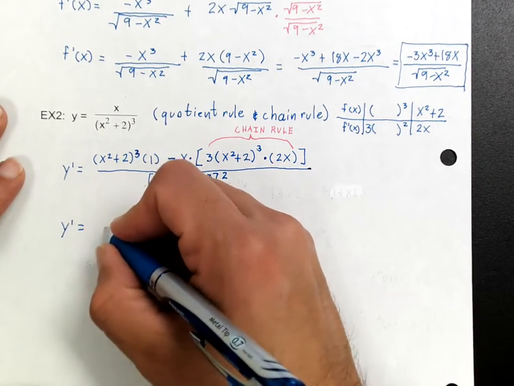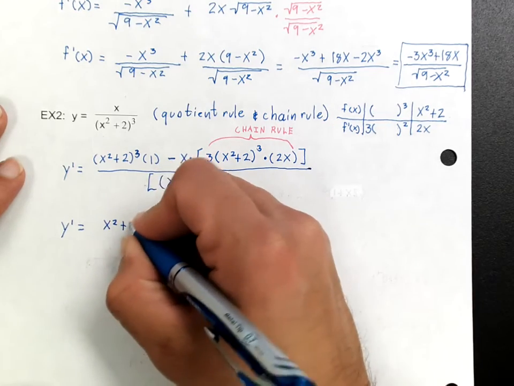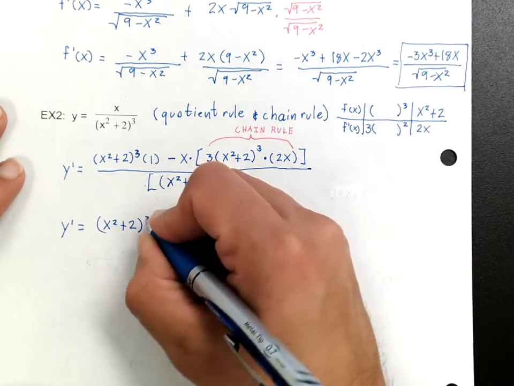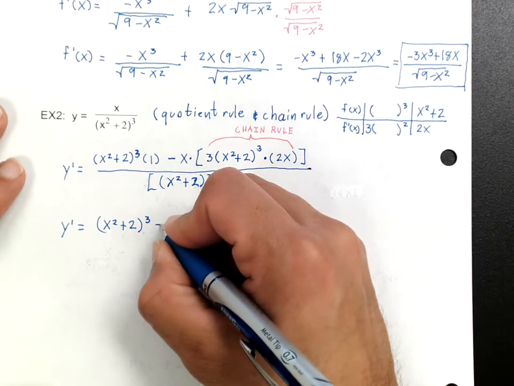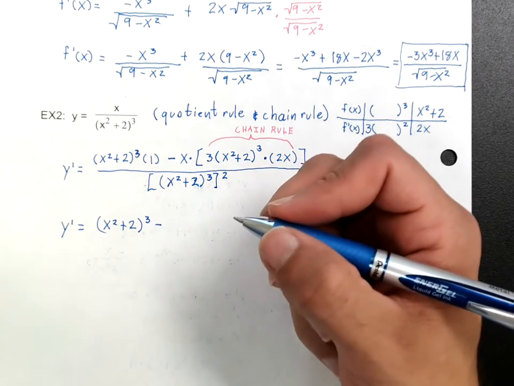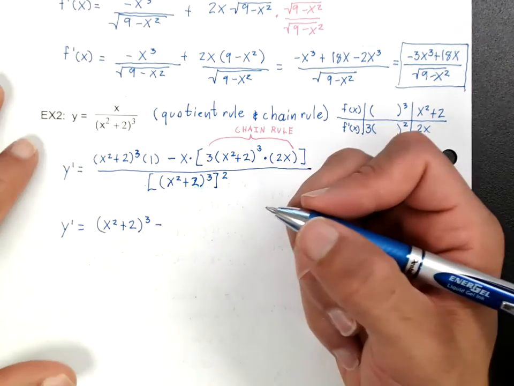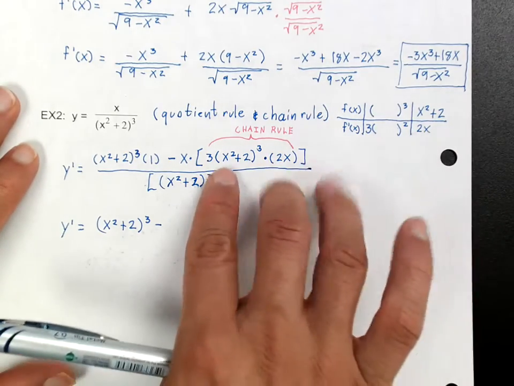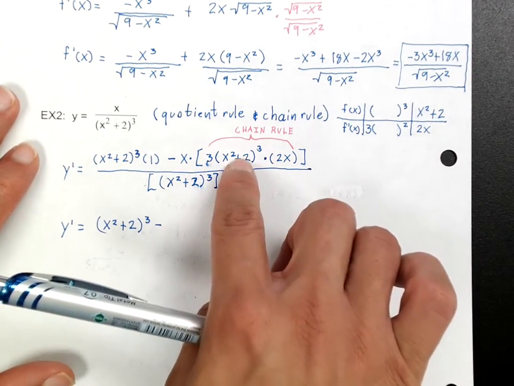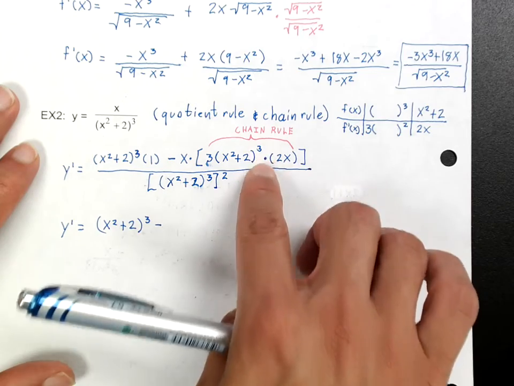So I have y prime is equal to x squared plus 2 cubed minus, how do I want to do this? Notice that I'm going to leave this x squared plus 2 to the power of 3 alone.